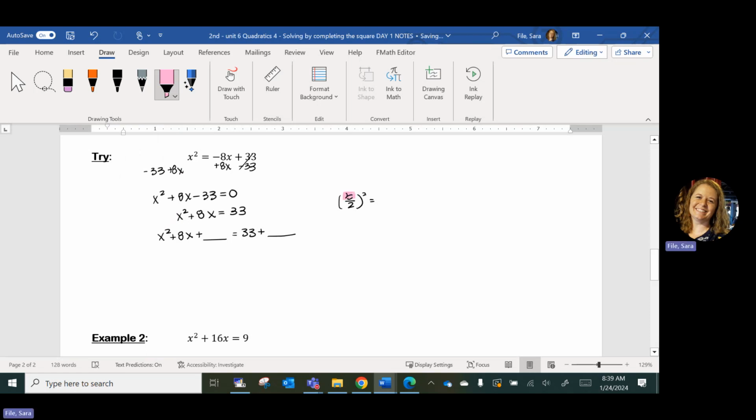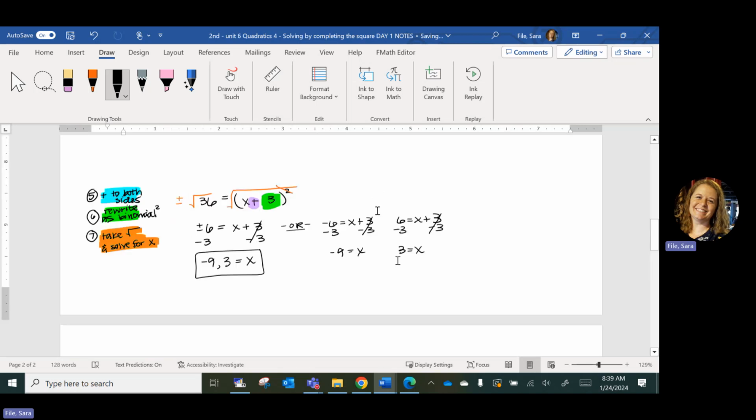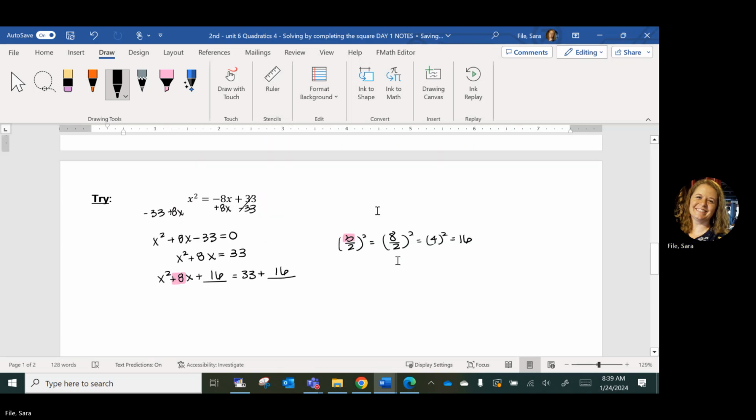I need to identify B. 8. It's the coefficient in front of X. Okay, so we're going to do 8 divided by 2 squared. So that's 4 squared, which is 16. So that's what gets added to both sides. What color did I use for that? Blue.